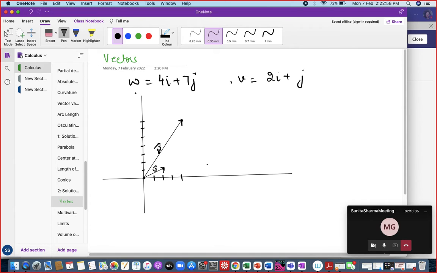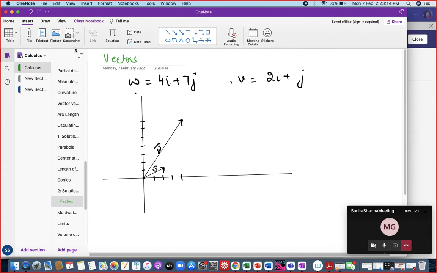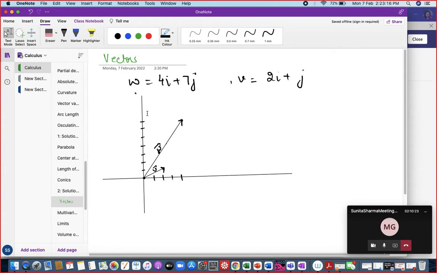Now when I have to add them, and if I want to represent them as two sides of a parallelogram, or if I have to translate, how will I translate? I will lift this vector w from here and shift it parallelly.